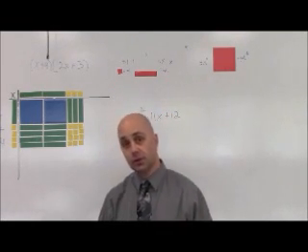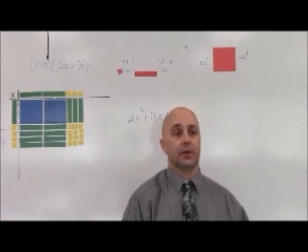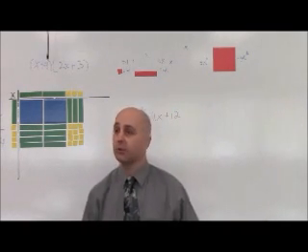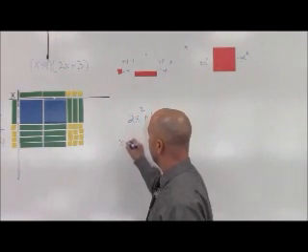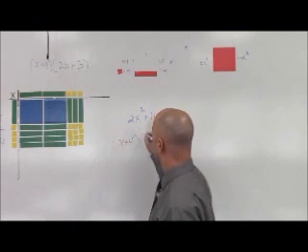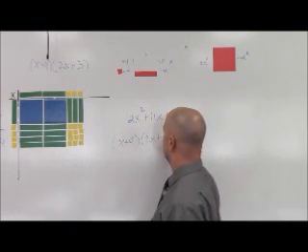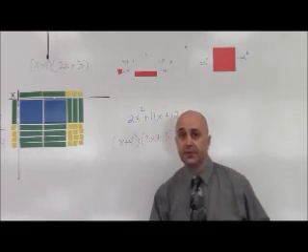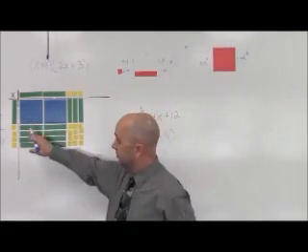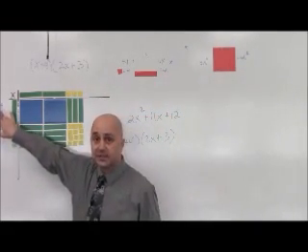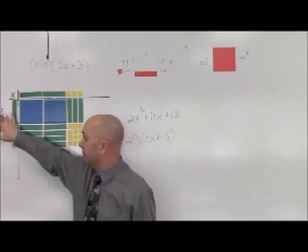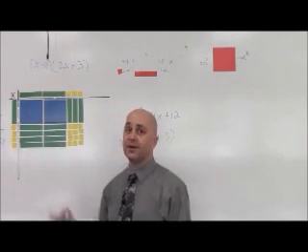Now we can also use just the distributive property sort of on steroids. My problem was x plus 4 times 2x plus 3. And just like in our multiplication problem, every part of this binomial had to be multiplied by every part of this binomial.